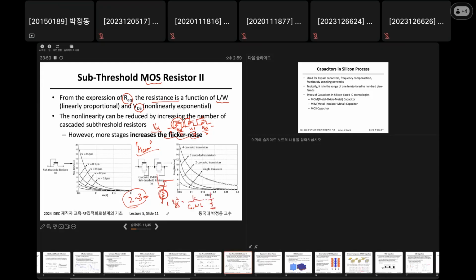Unfortunately, this low frequency flicker noise is converted to your center frequency. So do not use a MOS resistor for a mixer or multiplier. Never ever try to use it.